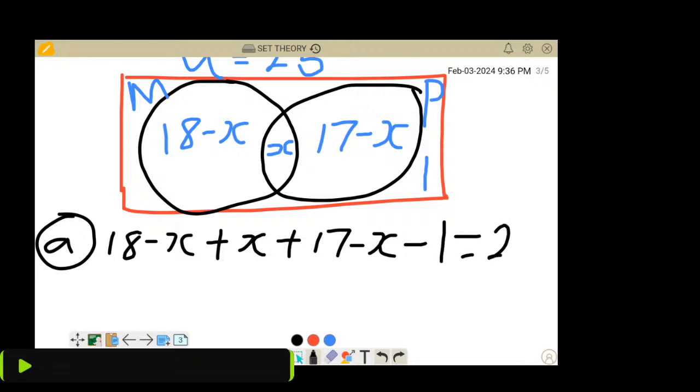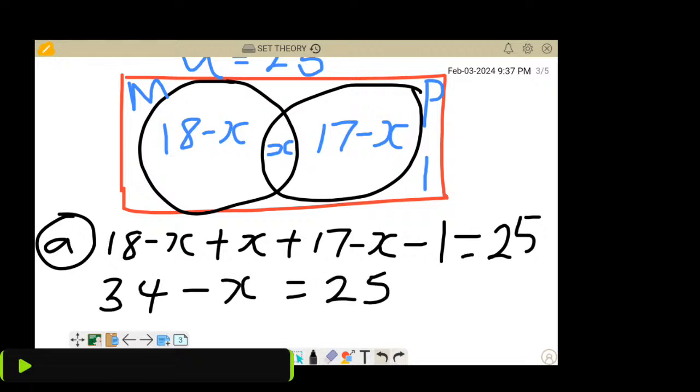Everything will be equal to universal set, which is 25. That is, we added this to this, to this, and to this, and we equate everything to 25. Okay, let's see how we go about this. 18 plus 17 will definitely give us 35, and 35 minus 1 will be 34. So we have minus X plus X minus X. Definitely we are going to have minus X left, and that will be equal to 25.